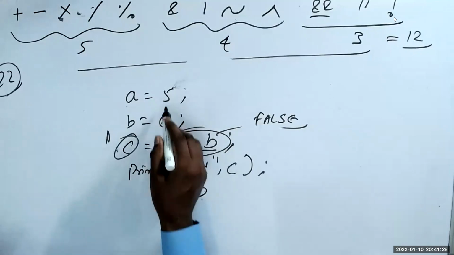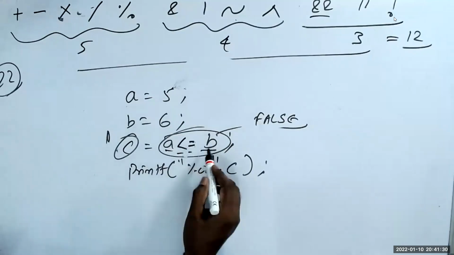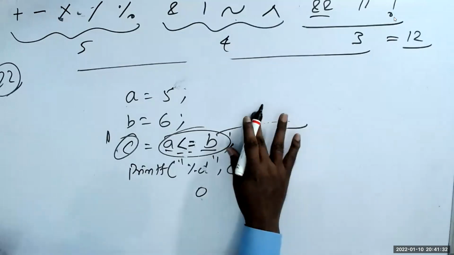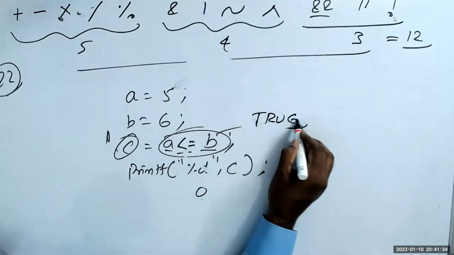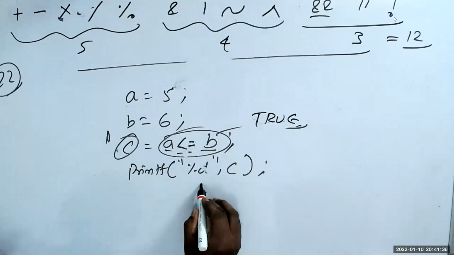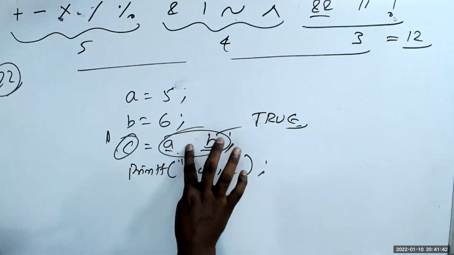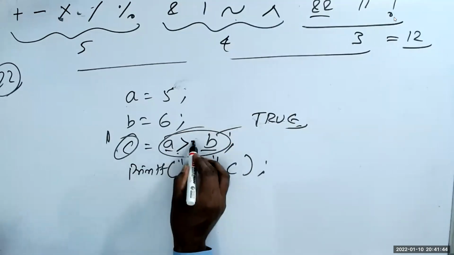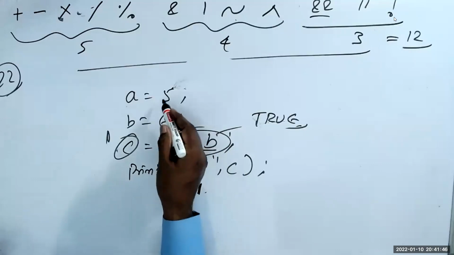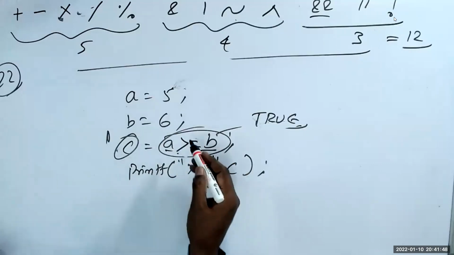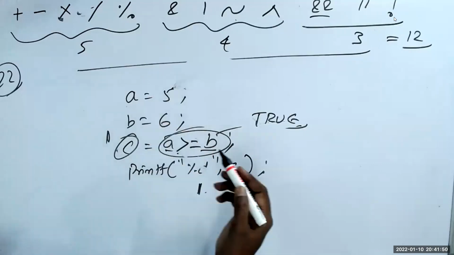Yes, it is less than B. This condition is satisfied. So it becomes true. So the answer becomes 1. Now if I ask you, if A is greater than or equal to B, no, it is not greater than, not equal to. It is actually less than. So it becomes false.